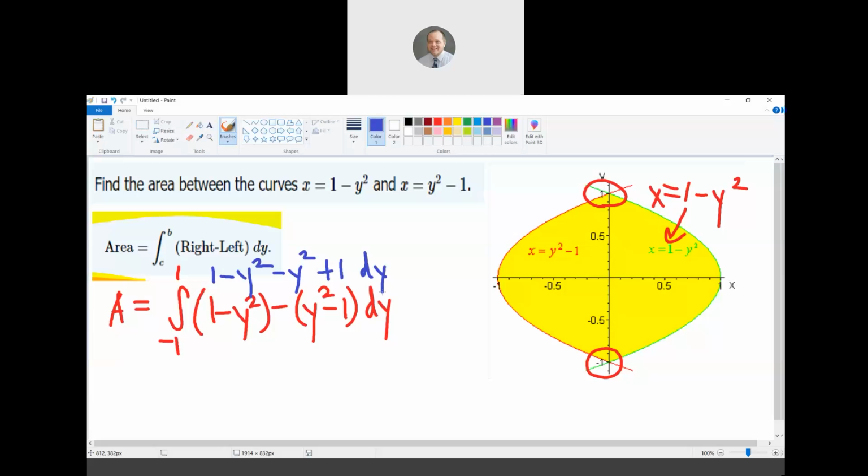Well, the y squareds cancel. No, actually, they don't. I'm sorry. What we're left with when we combine the y squareds is -2y squared plus 2.